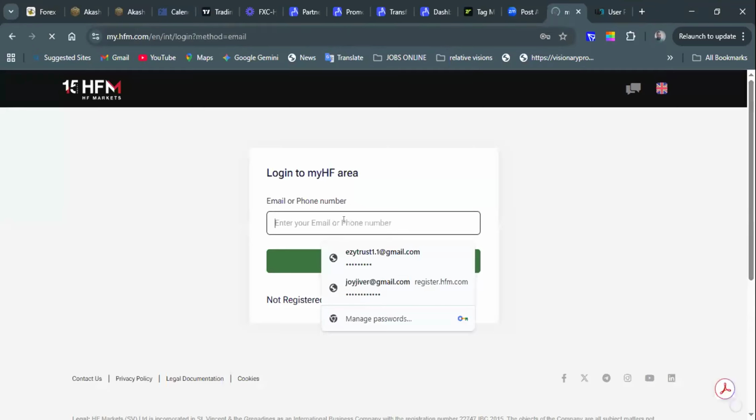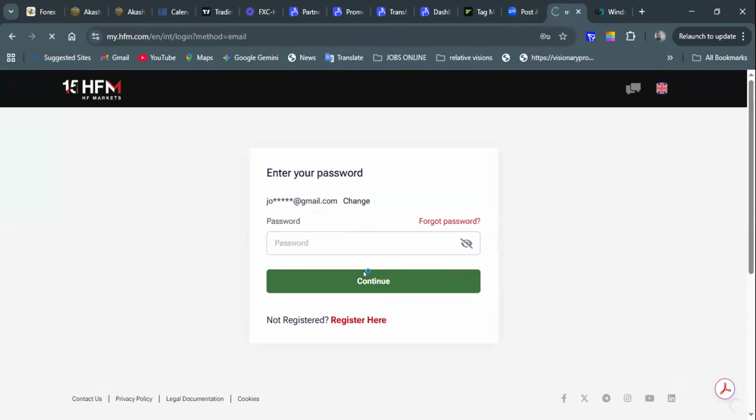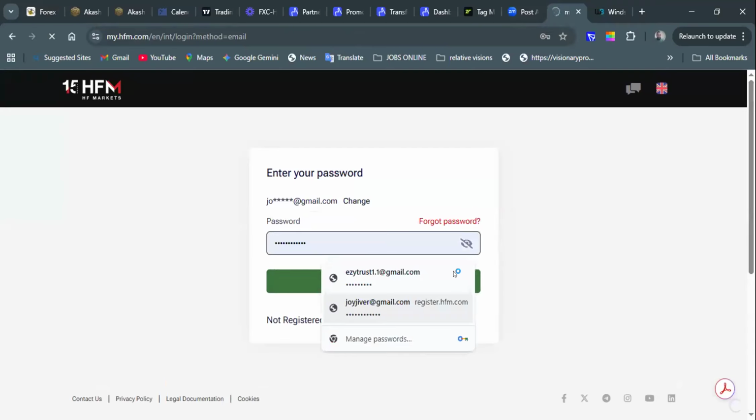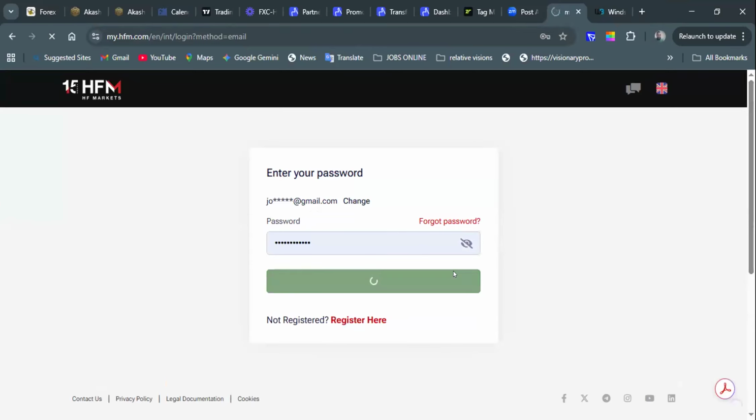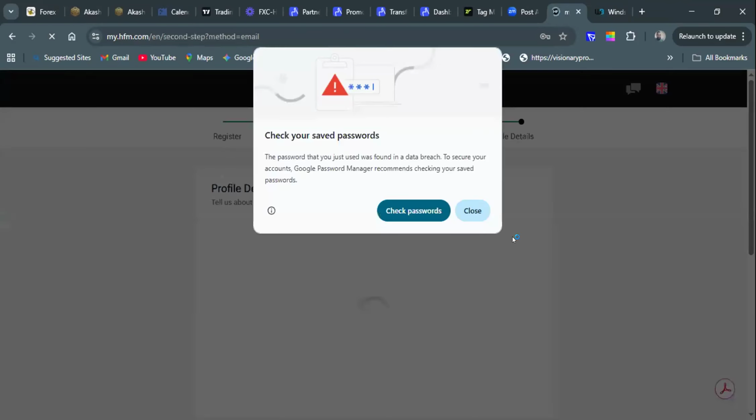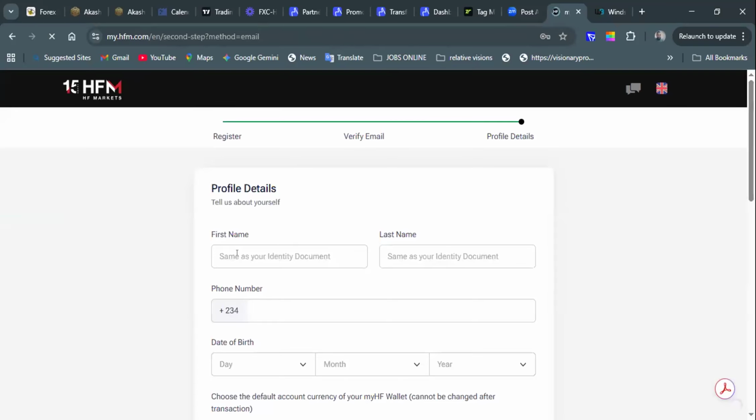All right, so we have this now, and then log in. So once you have this, the next thing it asks you is to profile yourself. This profiling is sometimes what another broker will call KYC, right? If they say KYC, it is one and the same thing.